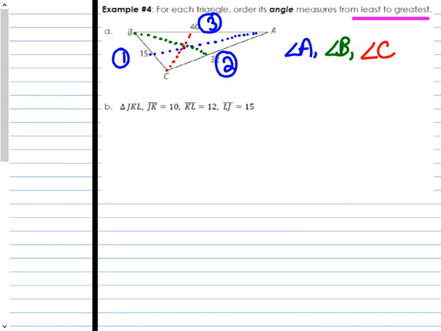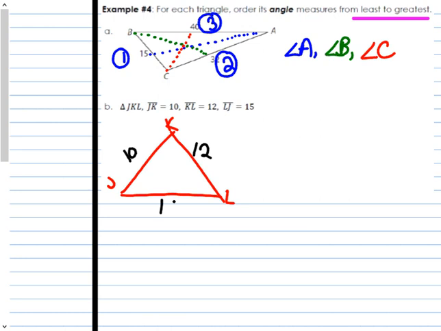Now, letter B is a little bit harder because they didn't give us a triangle, but all you have to do is draw it. So you're going to just draw any random triangle, label the points J, K, L, and then label the sides they give you. They said that JK was 10, KL is 12, and LJ is 15.